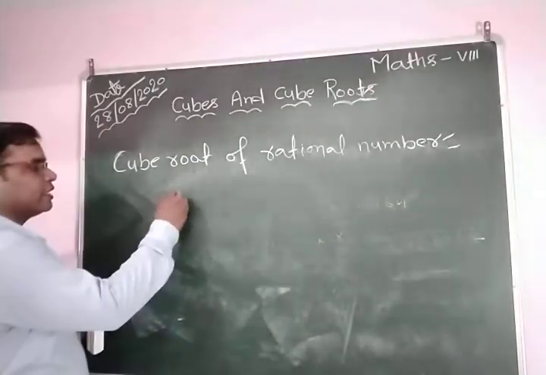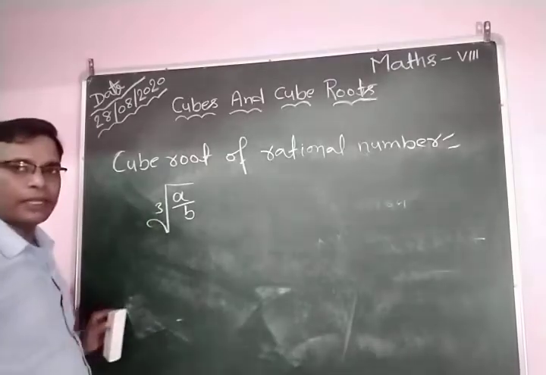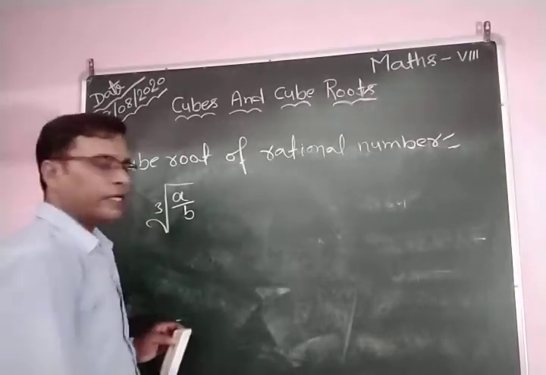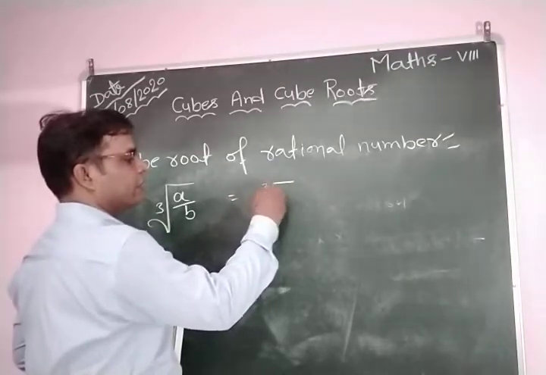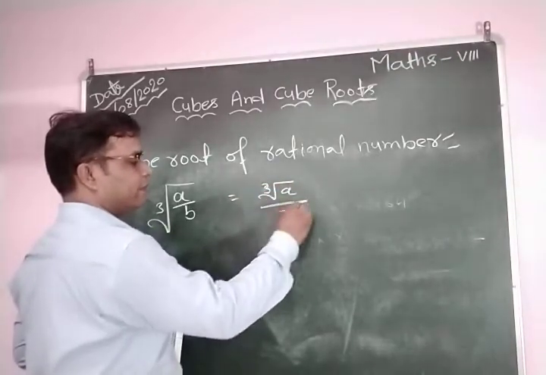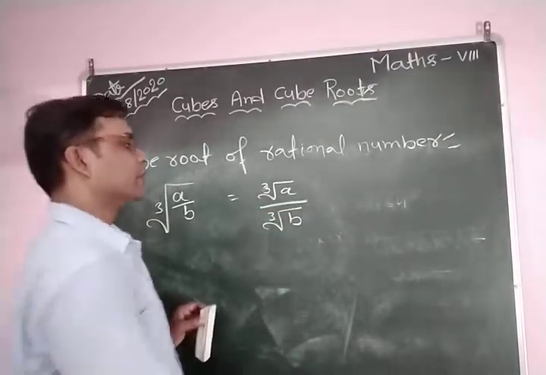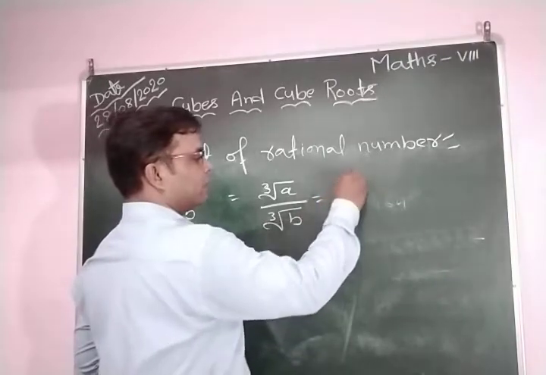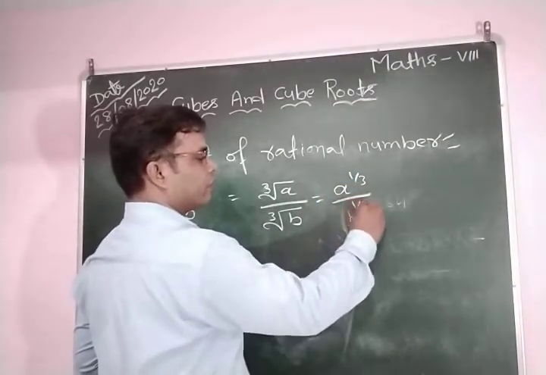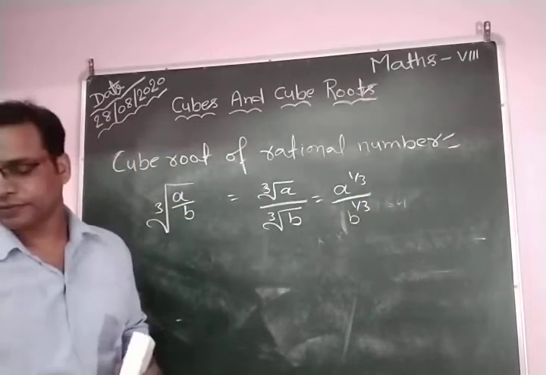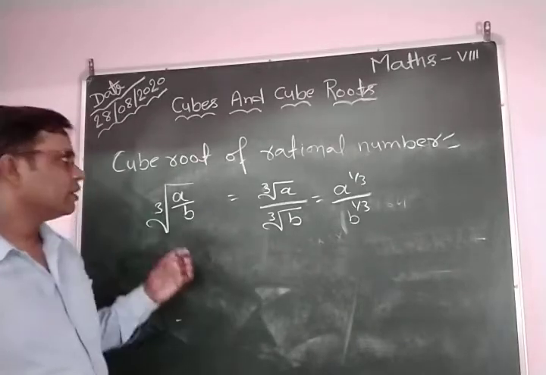You can write it like that: a by b, cube root of a by b. This is a rational number. You can also write it like this: cube root of a divided by cube root of b. Okay, or you can write it as a to the power 1 by 3, b to the power 1 by 3.